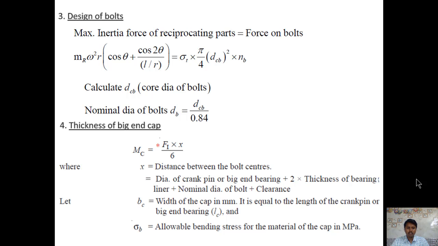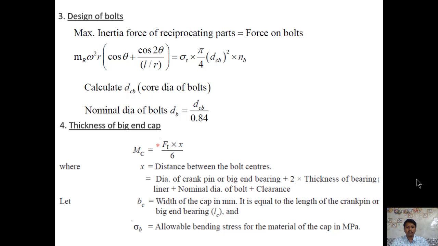Then the fourth one, the thickness of the big end cap. Here the load acts on the big end cap, and we can consider two different cases. One is a simply supported beam with a uniformly distributed load, where the maximum bending moment is Fi into x by 8, and the other is a simply supported beam with a concentrated load, where it is Fi x by 4.